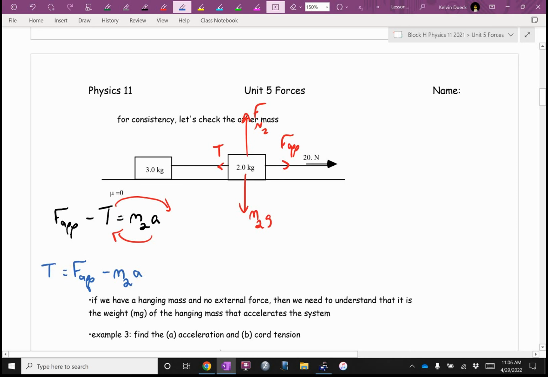Because that's where we're used to seeing the thing we're solving for. How big was F applied as a number exactly? Minus, what was the mass? 2. What was the acceleration? 4. It would be really neat if that also worked out to 12, does it? It does? Oh, well, that's convenient.